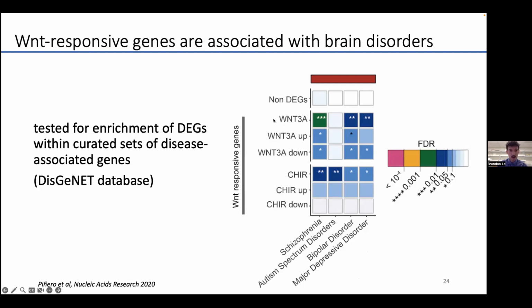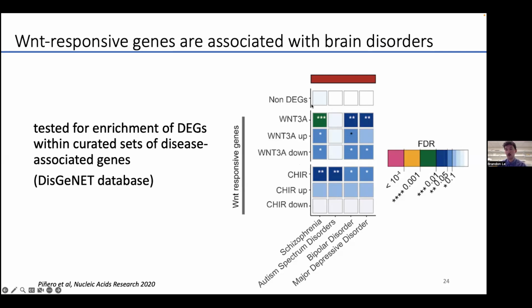For each of these categories of differentially expressed genes, or maybe not differentially expressed genes at the top, here we have the Wnt3a changing genes, all of them, or just the ones that go up or down, similarly down here for CHIR. We can see that there are enrichments of these disorder-associated genes for both Wnt3a and CHIR, and there's some suggestion of specific effects from the genes that went up in response to CHIR treatment.